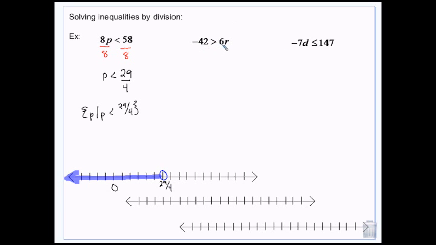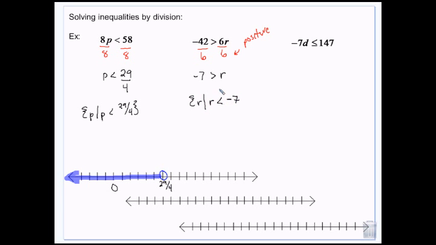I'm dividing by 6. The 6 is positive. The negative 42 doesn't matter. I'm only looking at what I'm physically dividing by, so it's negative 7 is greater than R. In set builder notation, R such that R is less than negative 7.